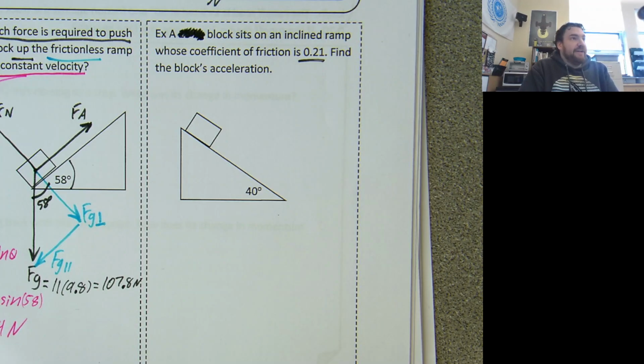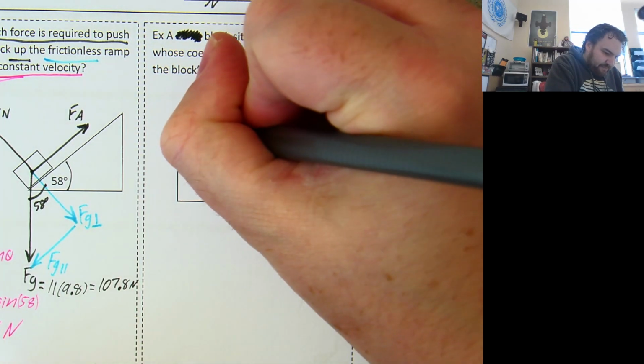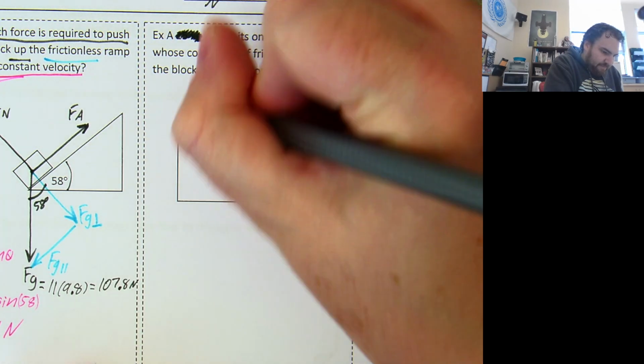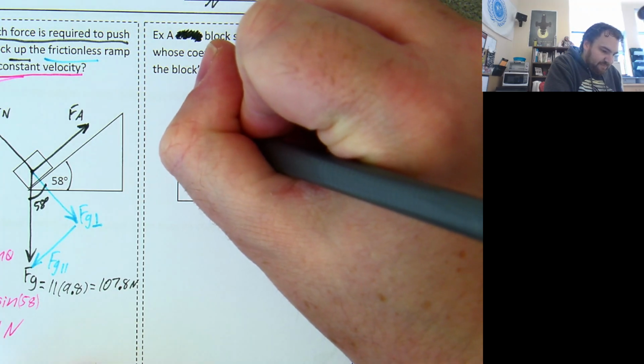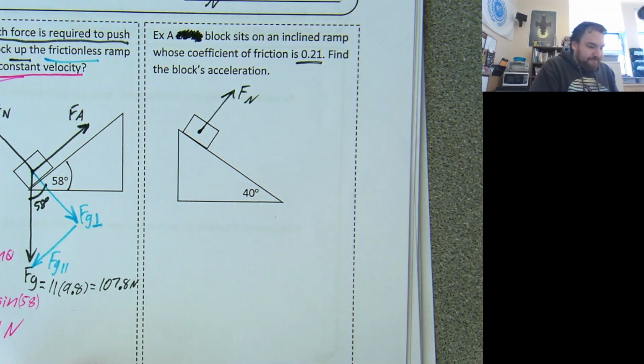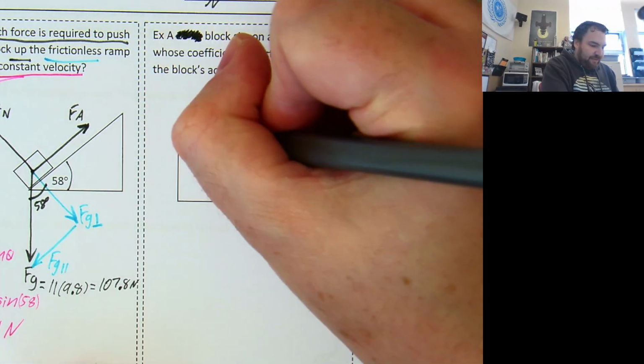Okay, cool. So, free body diagram. What forces are acting which way? Rattle them off. The longer this takes, the less time you have to practice. Fn, which way? Perpendicular. There's Fn. Next one. Gravity, straight down.